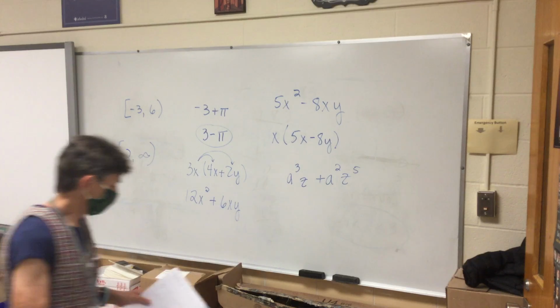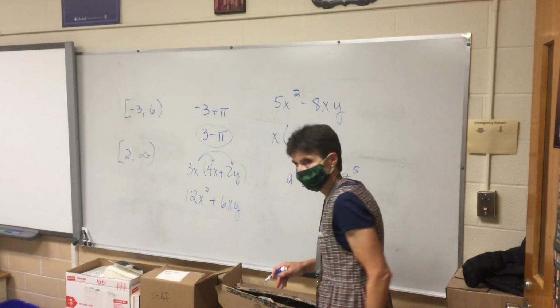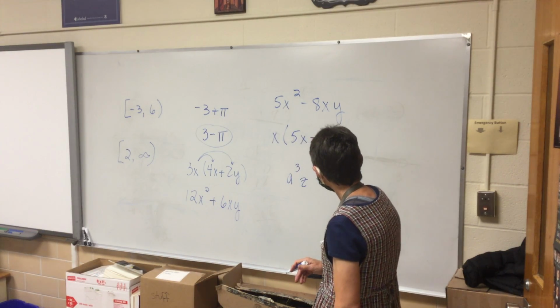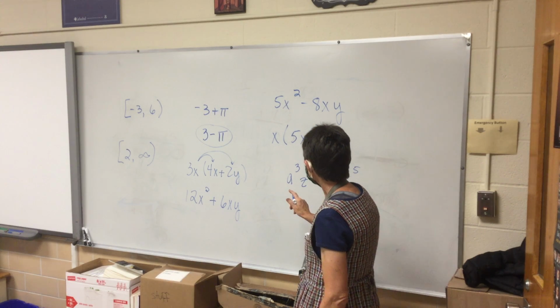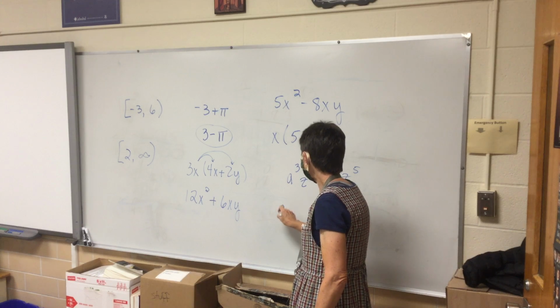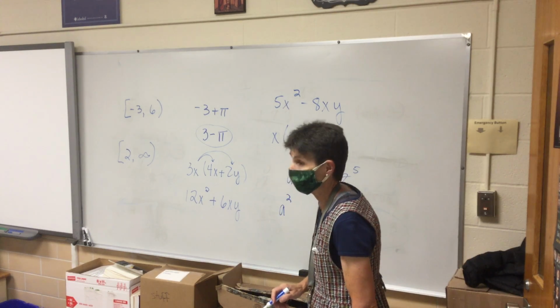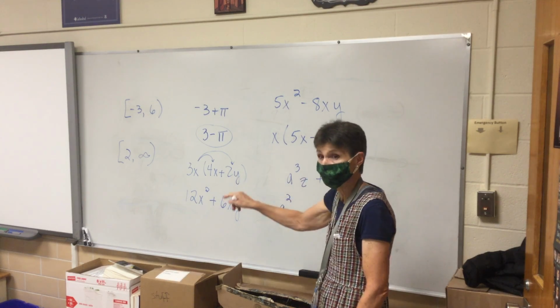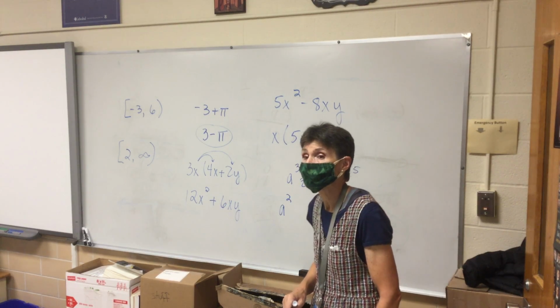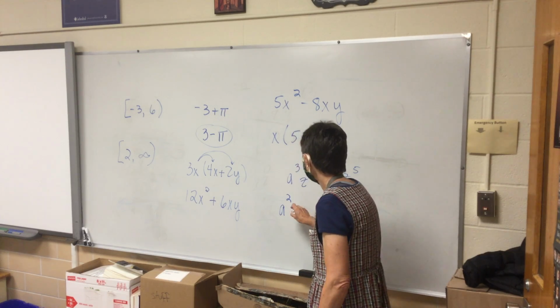Katie, you got an idea? I took out the 2. Like, I turned the exponent and then. So you took out an a to the second? Yeah. Yep, perfect. There's 3 a's here and 2 a's here. So we're going to take out 2 of them. Did you take out anything else? A z, perfect.